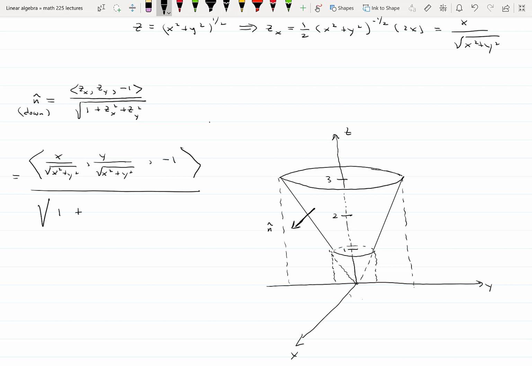So over the square root of 1 plus x over the square root of x squared plus y squared, squared, plus y over the square root of x squared plus y squared, squared. It simplifies nicely in a bit.